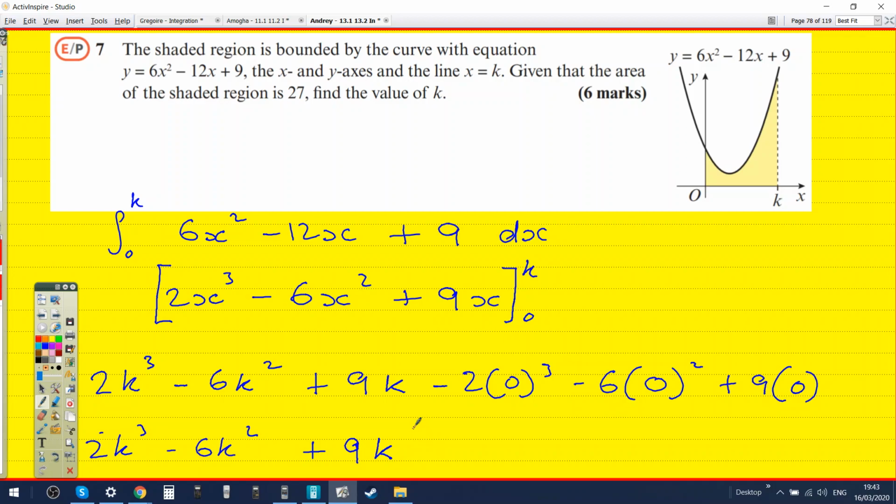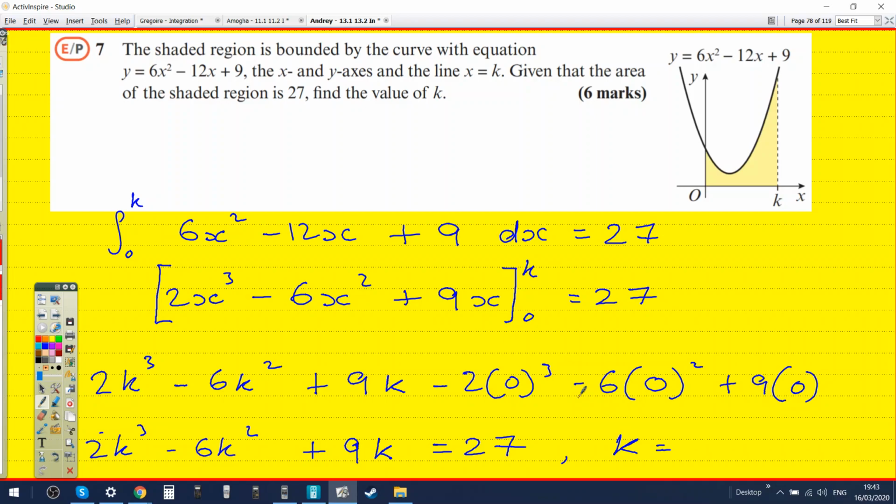It says equals to 27. Oh, and then it'll be 2k cubed minus 6k squared plus 9k minus 27 equals to 0.